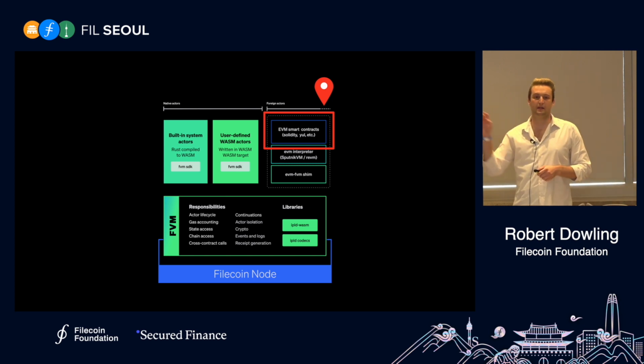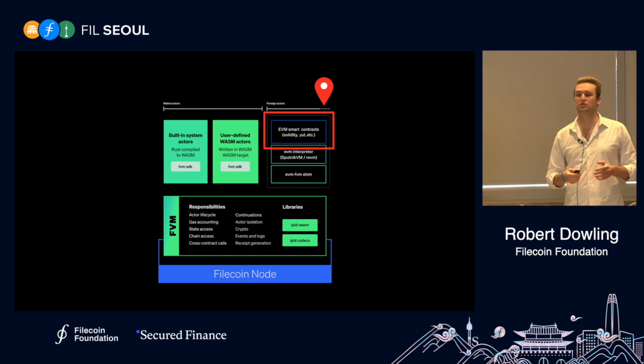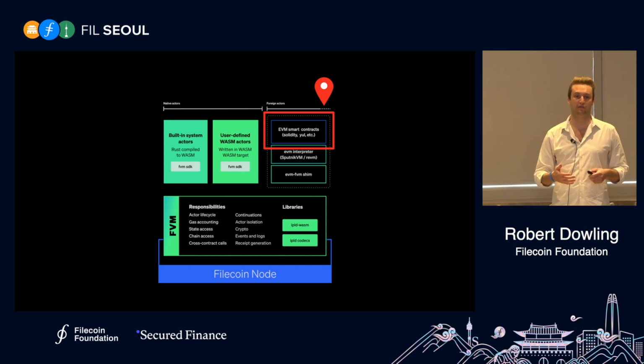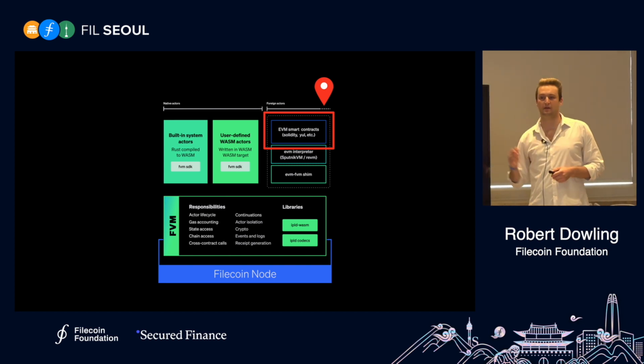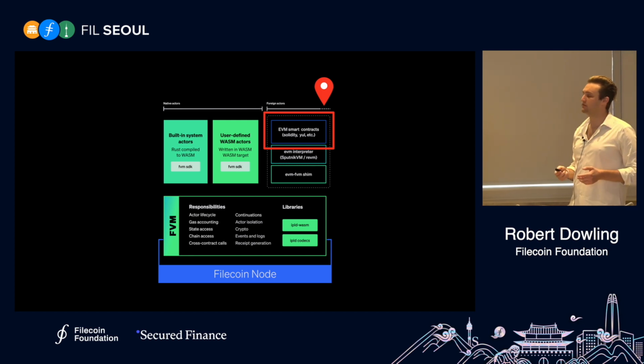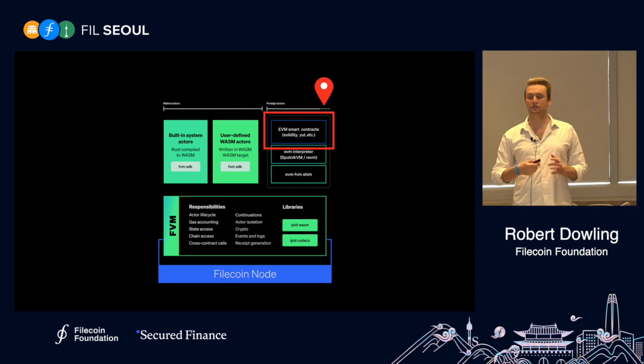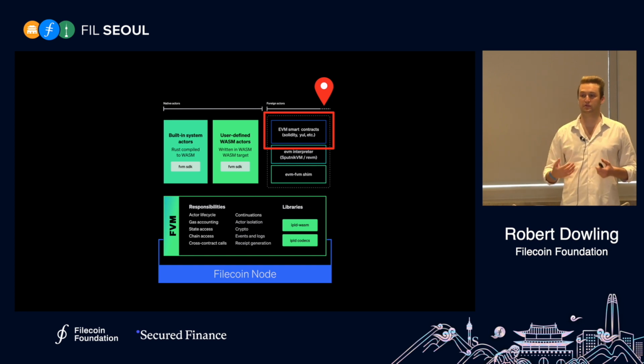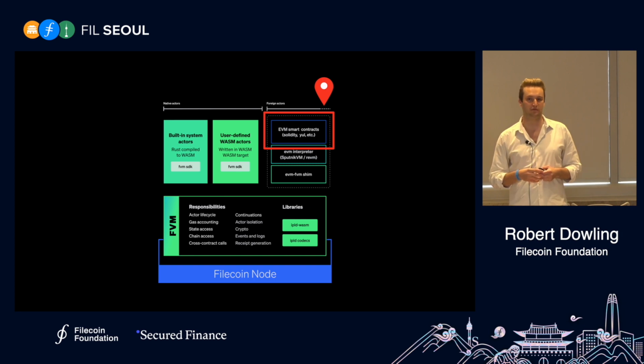Right now, we are running what's effectively a virtualized machine on top of FVM, and it's an Ethereum virtual machine. So basically, people are building on the Filecoin Ethereum virtual machine. The reason for this is that so much of the tooling built for Ethereum is what developers are used to, and so this makes it really easy for them to develop on FVM.